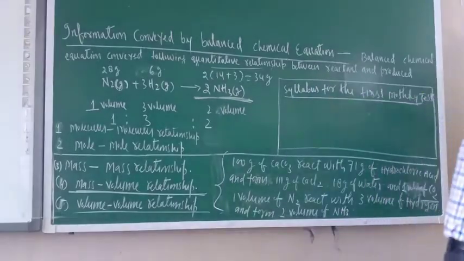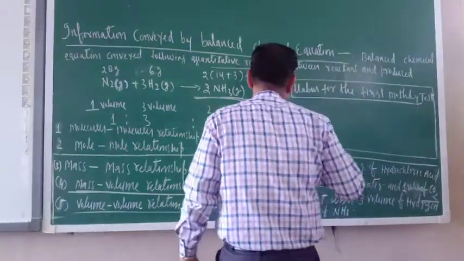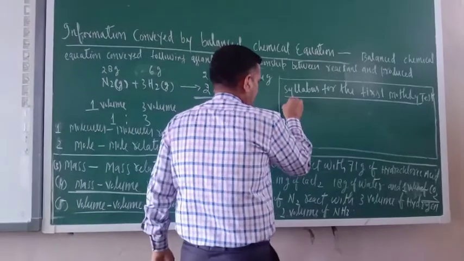What I will do means balancing of chemical equation, information conveyed by balanced chemical equation. So just see, I will tell you till what position I will ask. Just see, I will write here.